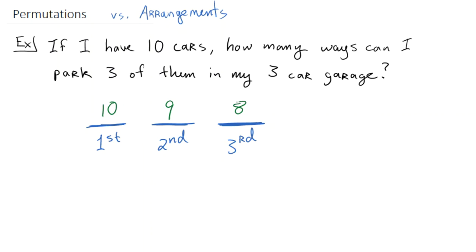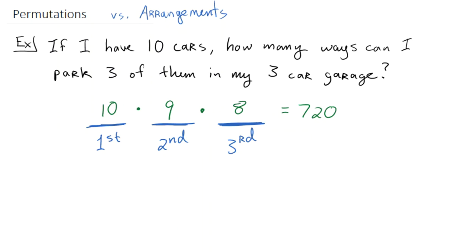Then our fundamental counting principle tells us to figure out our total, we have to multiply all of these up. And then that's going to give us 720 different ways we can park those. So really with these permutations, it's just a specialized application of the fundamental counting principle.